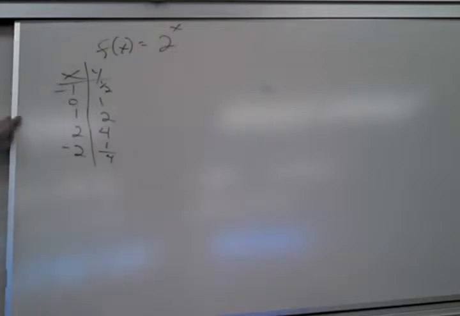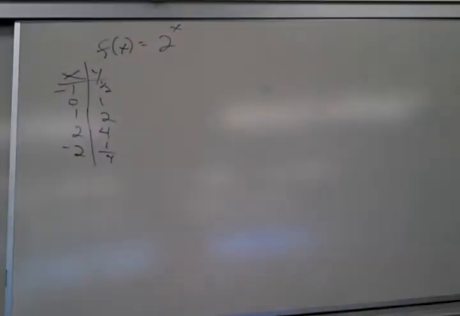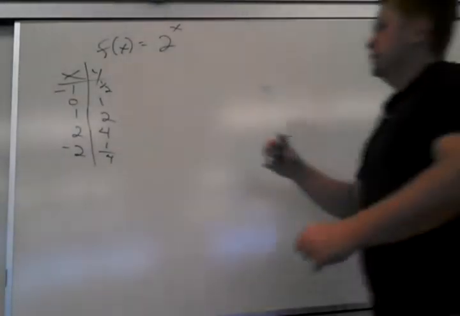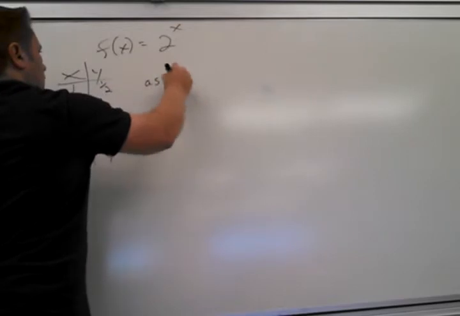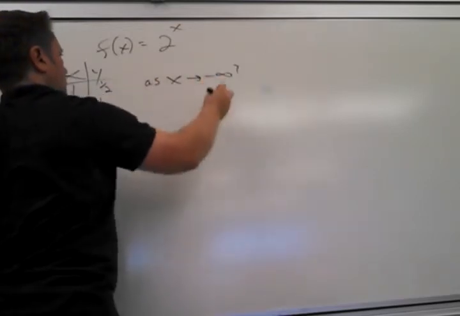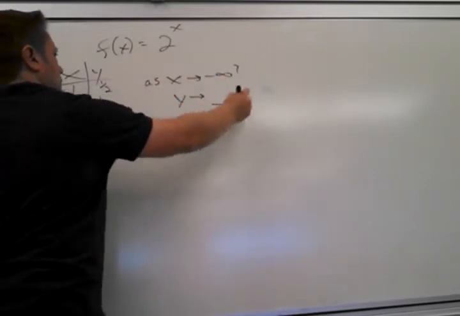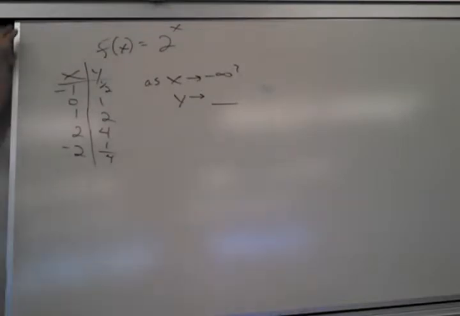So try to graph that real quick. What happens if I let x go to negative infinity? To 0. Good, because the top is always going to be 1.